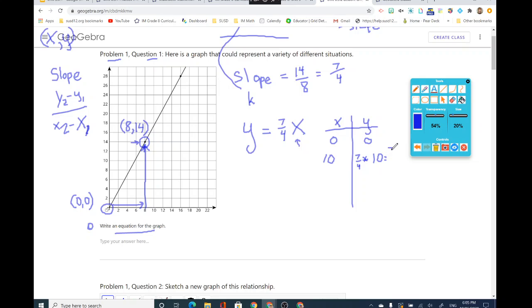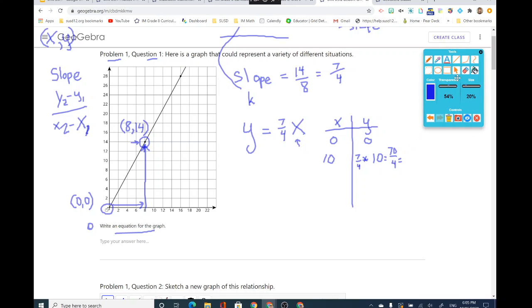That equals 70 over 4. You can reduce that to 35 over 2, and you can reduce that even more to, let me think, is it 17.5?